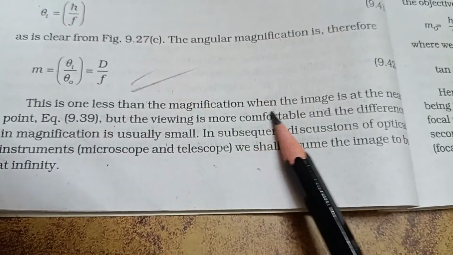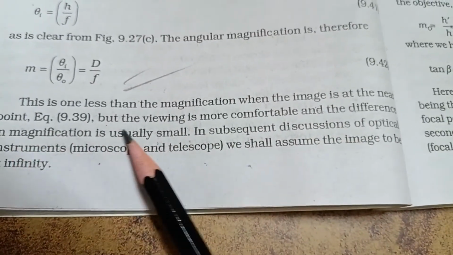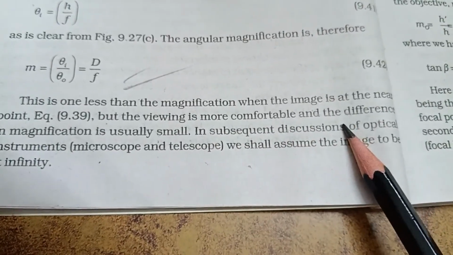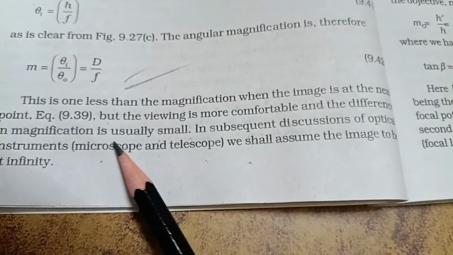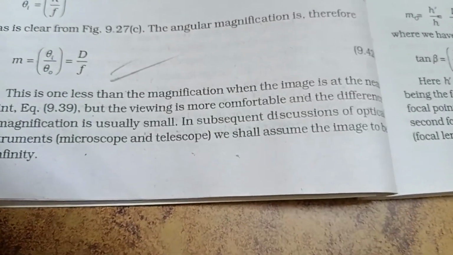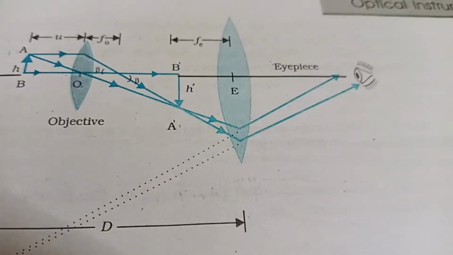Then the magnification when the image is at the near point, but the viewing is more comfortable. The difference in magnification is usually small. In subsequent discussion of optical instruments, microscope and telescope, we will assume the image to be at infinity. Okay, so this is the figure.